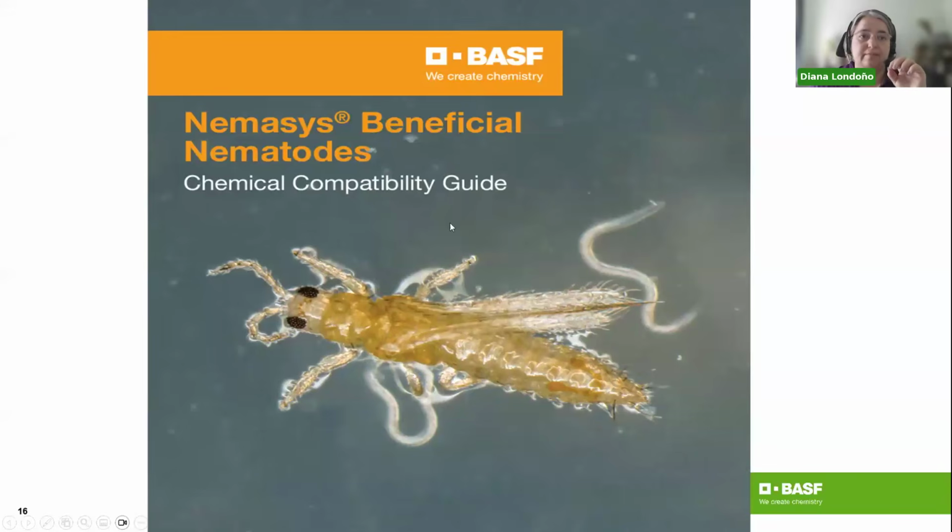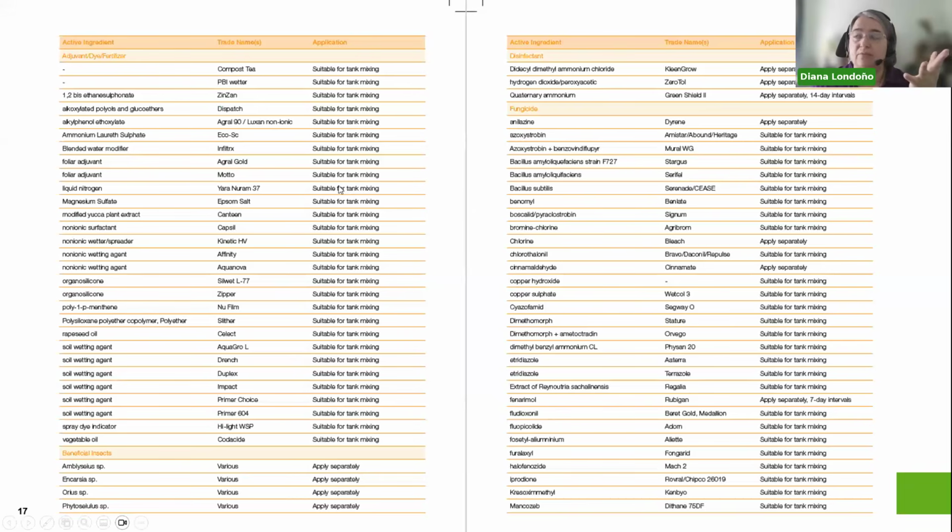One thing I want to talk about is compatibility. Compatibility is very important. As Stacey mentioned, there is no way I'm going to mix things just to see what is going to happen. You have to have the information. Different companies, for example BASF, have this information on their website.